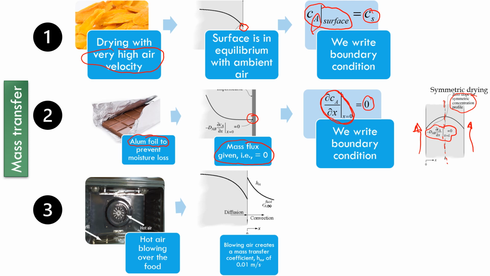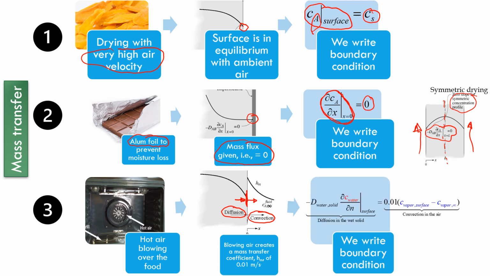So what we will say is, I don't know what is going on in such detail, but what I can say is moisture coming from the left should be equal to moisture leaving the surface, because it's a surface, so there's no other place to go. And so diffusion from inside to the surface is equal to convection on the surface. And so we're going to write the condition this way.